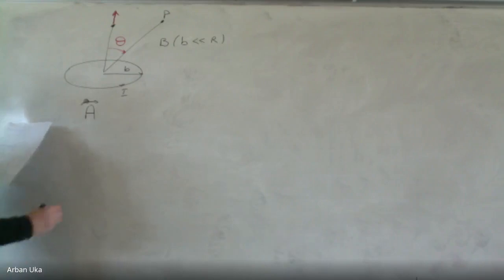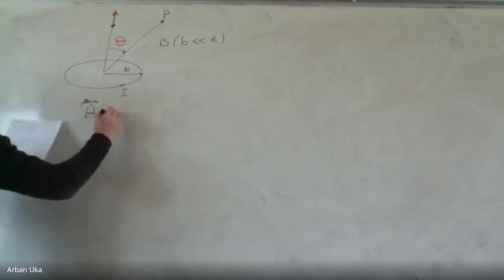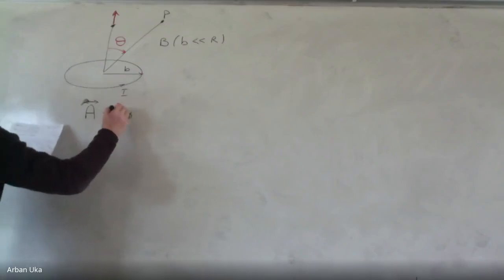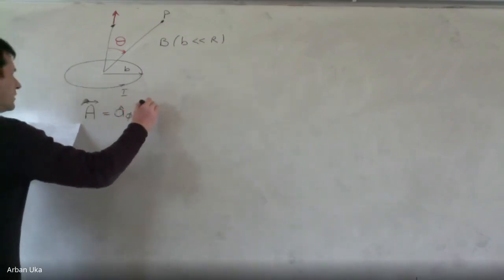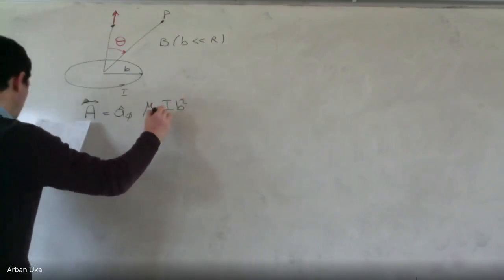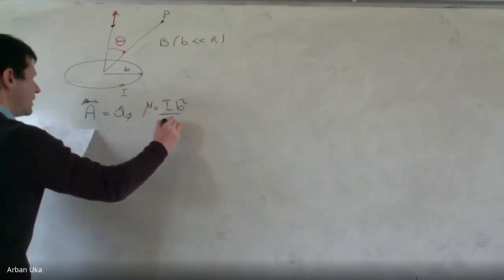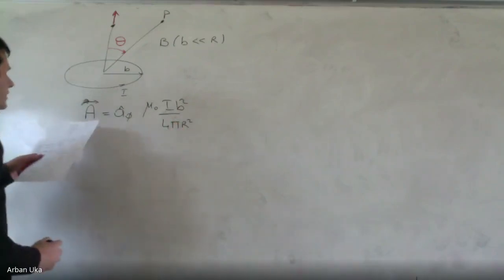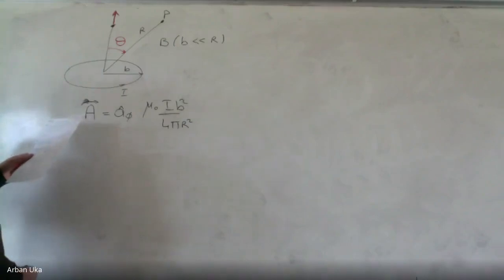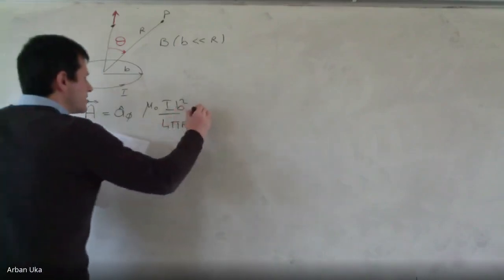We found that this vector A is equal to A phi, so it has a symmetry of A phi, times mu 0 I d squared over 4 pi r squared, where r is this distance, times sine theta.